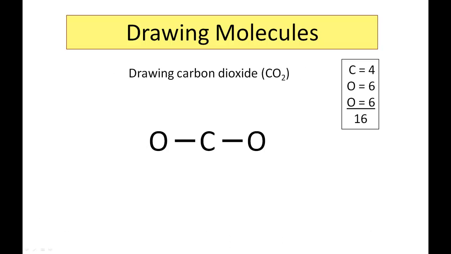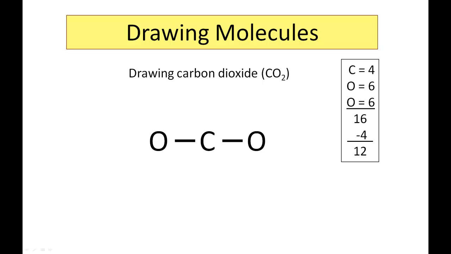Here's an example of one that has multiple bonds. Carbon dioxide, or CO2. Notice I've put the carbon in the middle, and I've surrounded it by the 2 more electronegative atoms on the sides, in mirror images of each other. If I count up the total valence electrons, carbon has 4, and oxygen has 6, and there's 2 oxygens, giving us a total of 16 valence electrons.